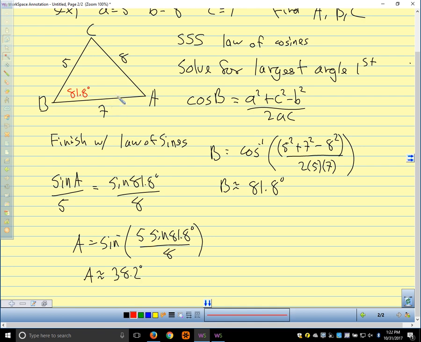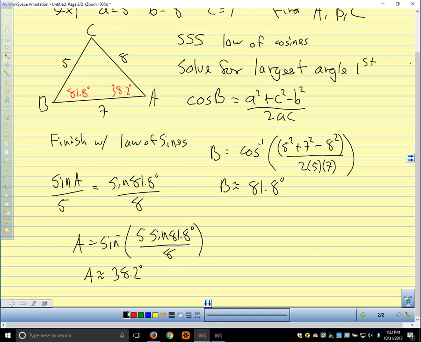Now, before we finish up, the reason that I say solve for the largest angle first is if we don't solve for the largest angle, but then we use the law of sines to find the largest angle, if that largest angle happens to be obtuse, your calculator, when you use the inverse sine, will not give you an obtuse angle, because the inverse sine is between negative pi over 2 and pi over 2.